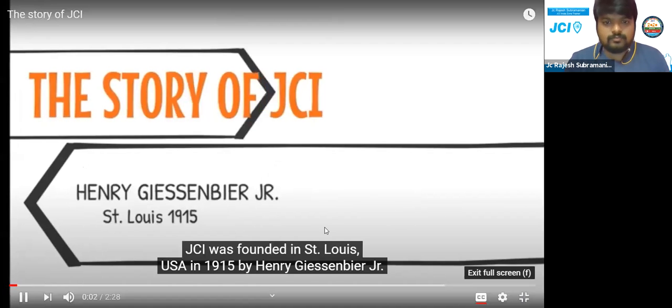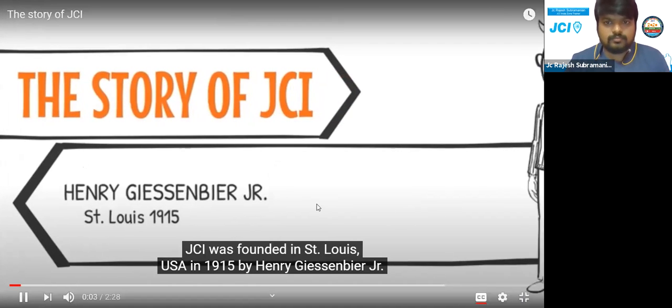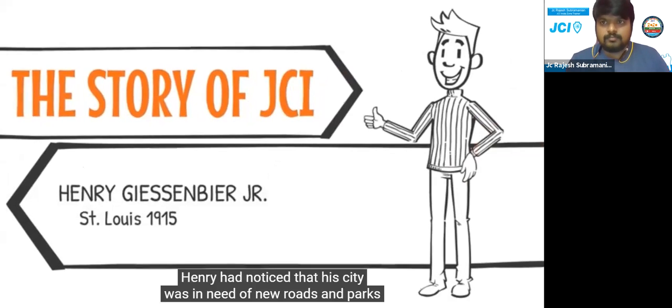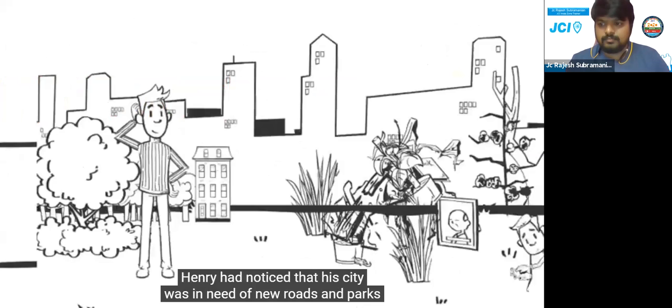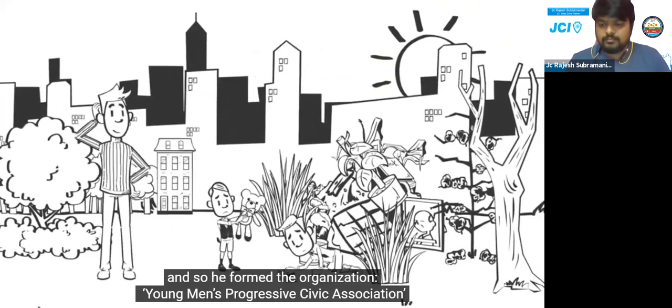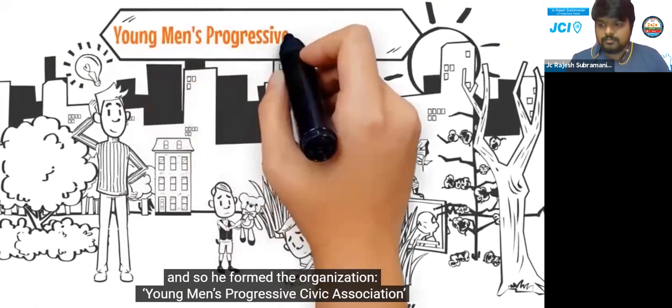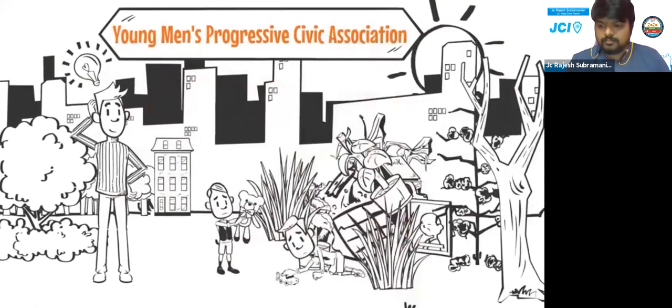JCI was founded in St. Louis, USA in 1915 by Henry Giesenbier Jr. Henry had noticed that his city was in need of new roads and parks, and so he formed the organization Young Men's Progressive Civic Association in order to raise funds for the project.